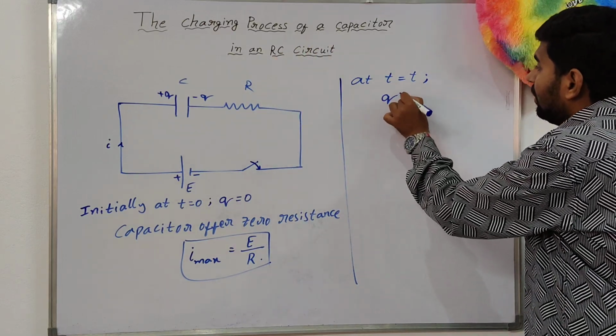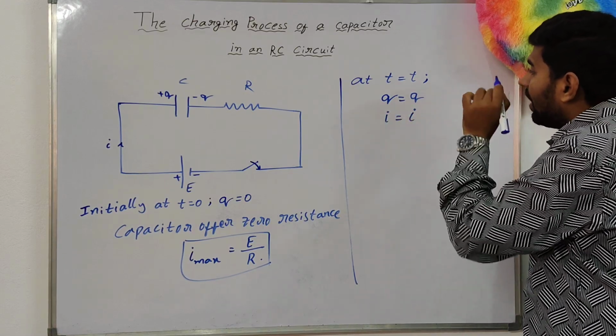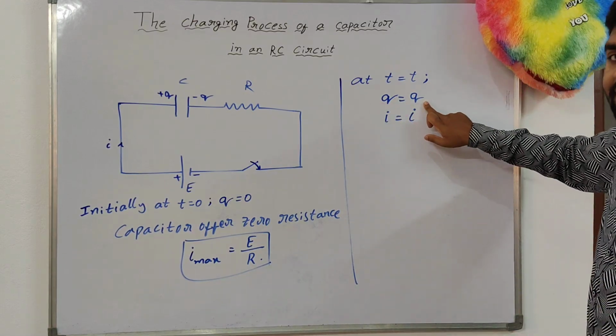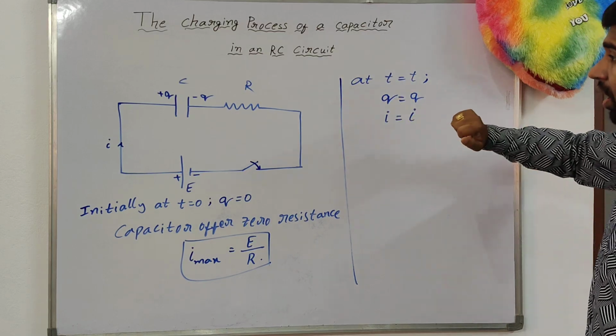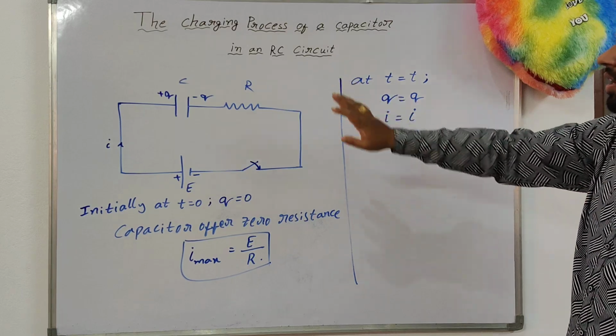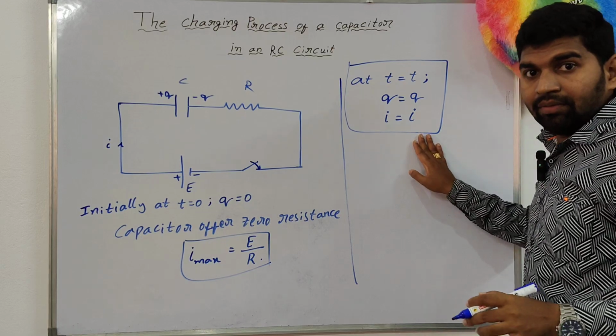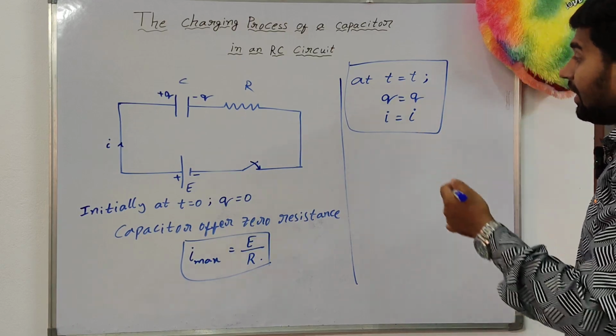Here we consider the charge q, and the current I. We have to find out how much charge is accumulated on the plates of the capacitor and how much current is passing through the circuit. Is that clear?